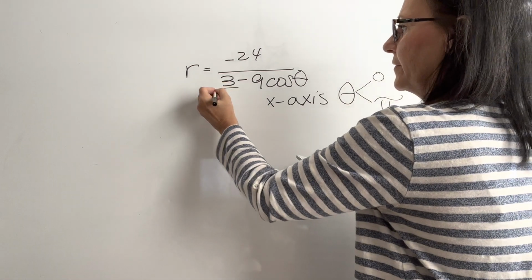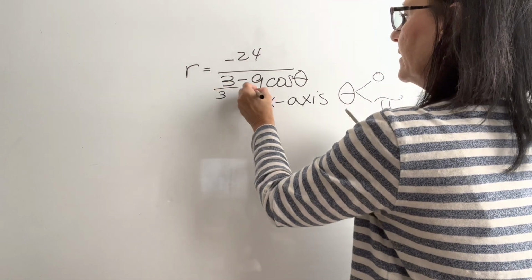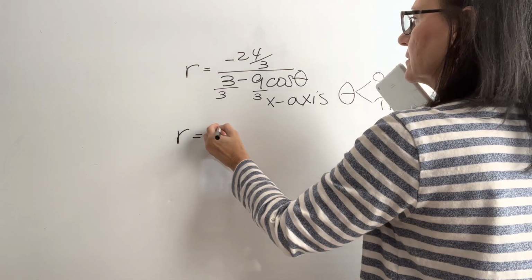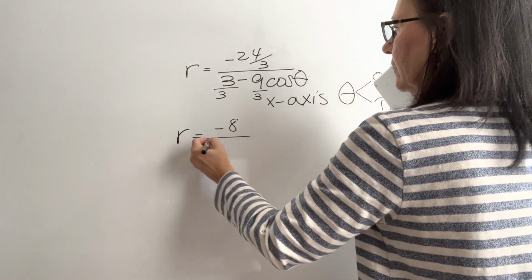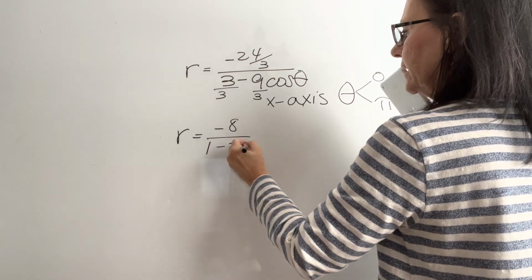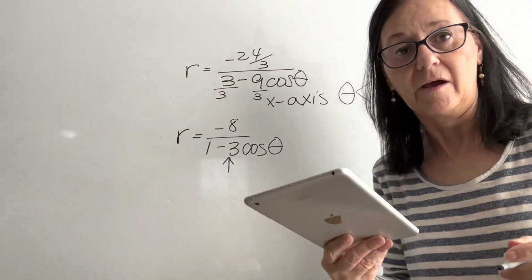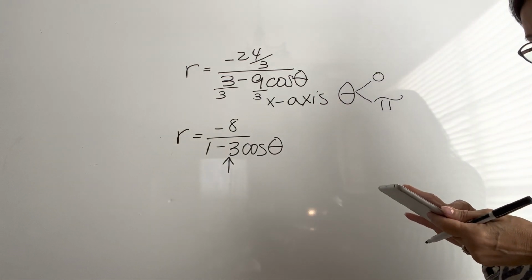I want this to be 1. It's going to tell me what shape it is. So I'm going to divide everything by 3 so that I have r equals negative 8 over 1 minus 3 cosine theta. Now I know it's a hyperbola.